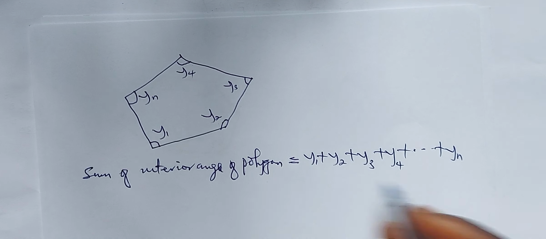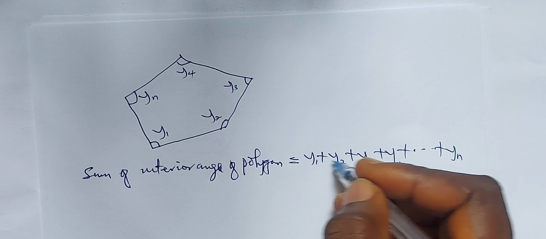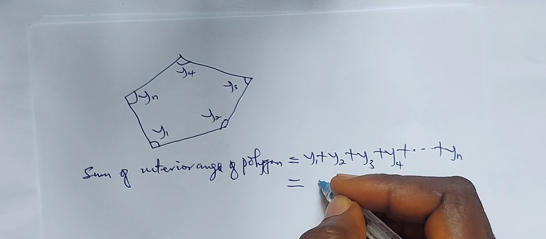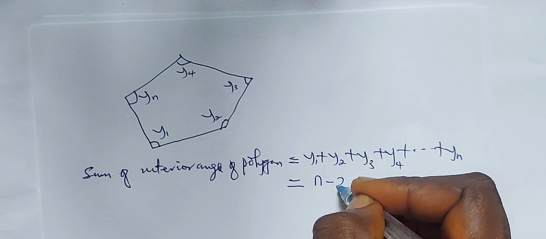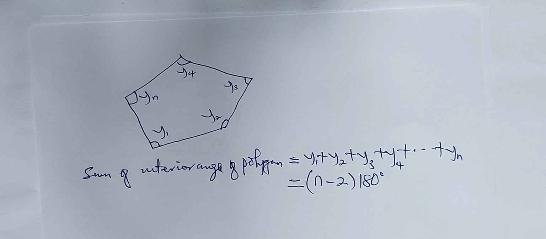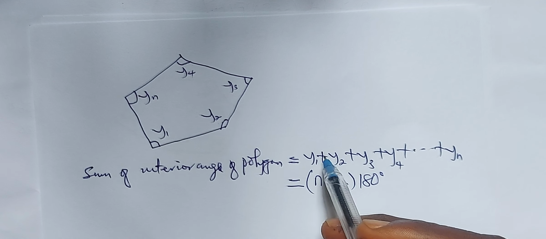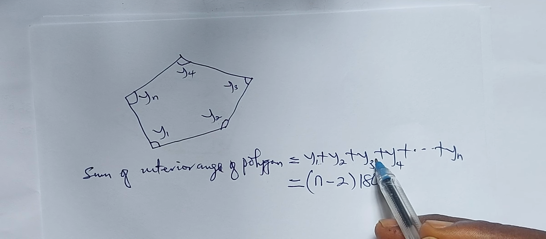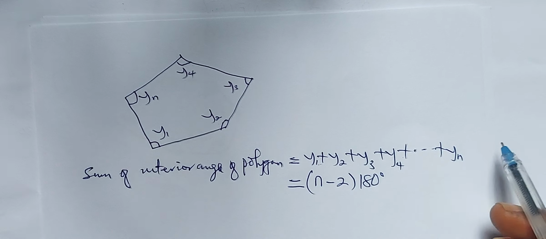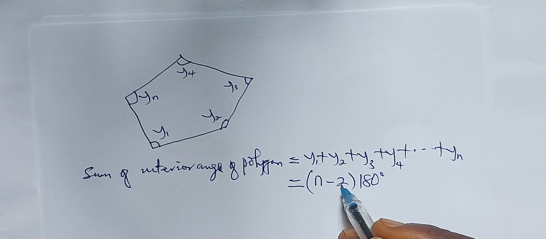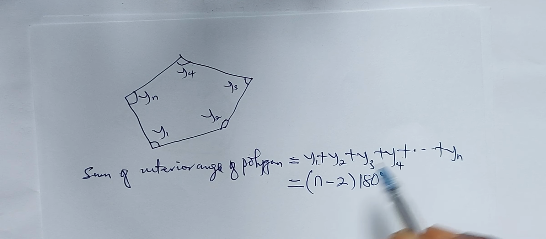So the sum of interior angles like this is equivalent to (n - 2) × 180. The sum of these angles, y1 plus y2 plus y3 plus y4 and as many as you may have, is equal to (n - 2) × 180. n means the number of sides.